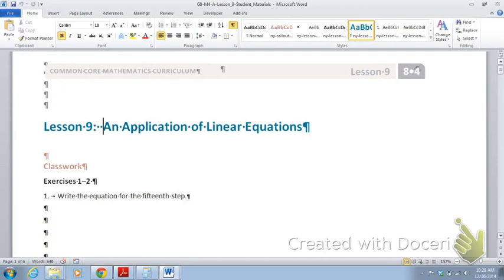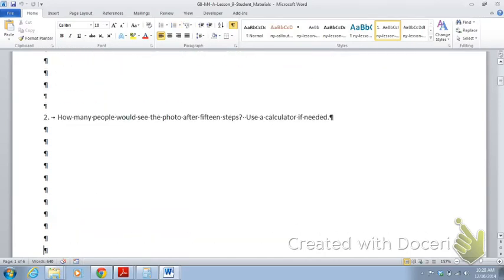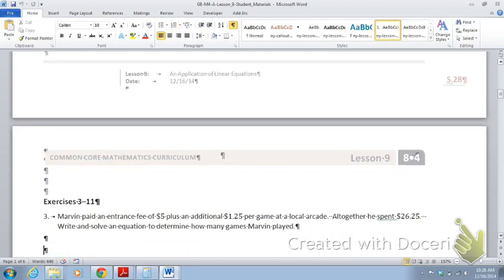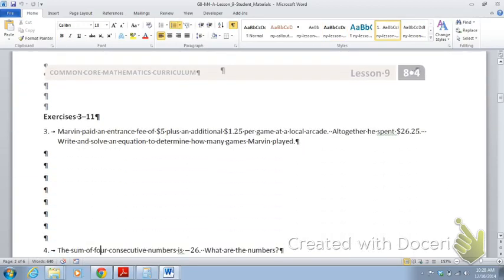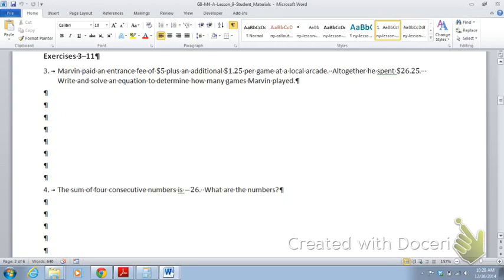Okay, so for now, we're going to also skip over exercises 1 and 2 in the classwork, because it has to do with that part that we're skipping. So turn to this page, and you'll see exercises 3 through 11, and those are the ones we're going to work on. So let's tackle exercise 3 first.